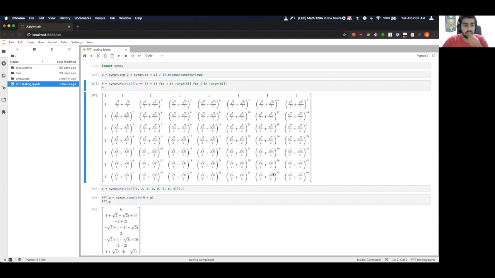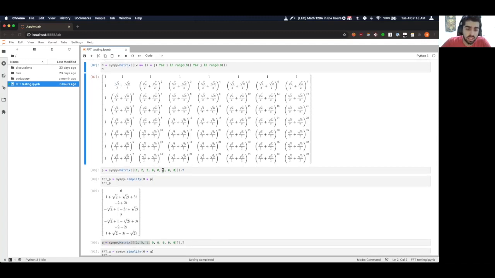And you can convince yourself that this is the same Vandermonde matrix, M8 of omega naught, that we were working with earlier. And then P is a vector of the coefficients of the polynomial that we were working with.